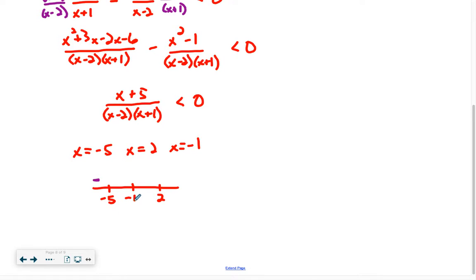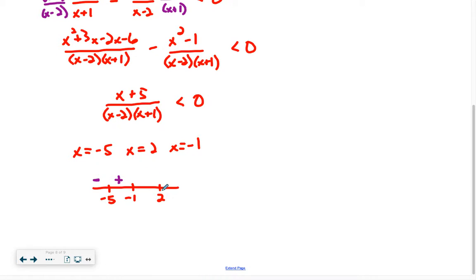A number in between negative 5 and negative 1, let's say negative 2. So if I plug negative 2 in, that'll be a positive. Negative 2 plus 5 would be positive. Over negative 2 minus 2 would be negative. Negative 2 plus 1 would be negative. So a positive over a negative times a negative. 2 negative signs would result in a positive value.